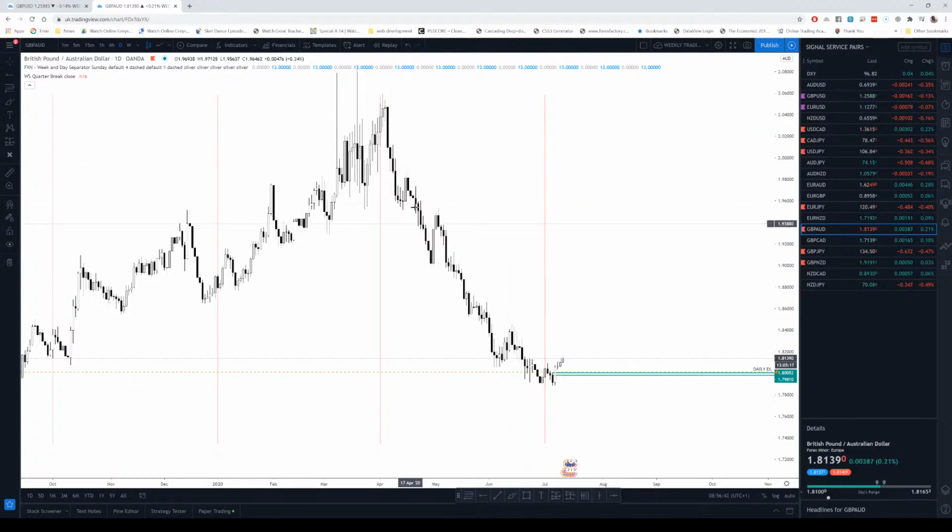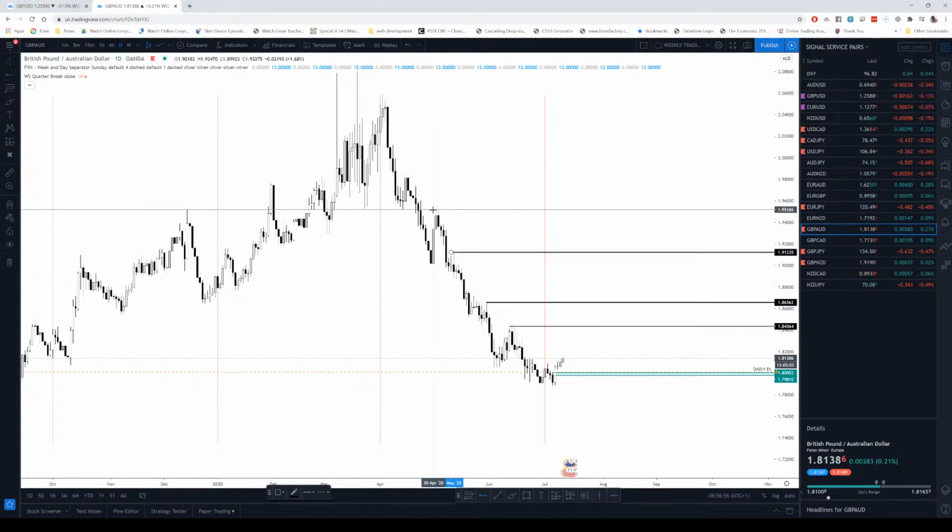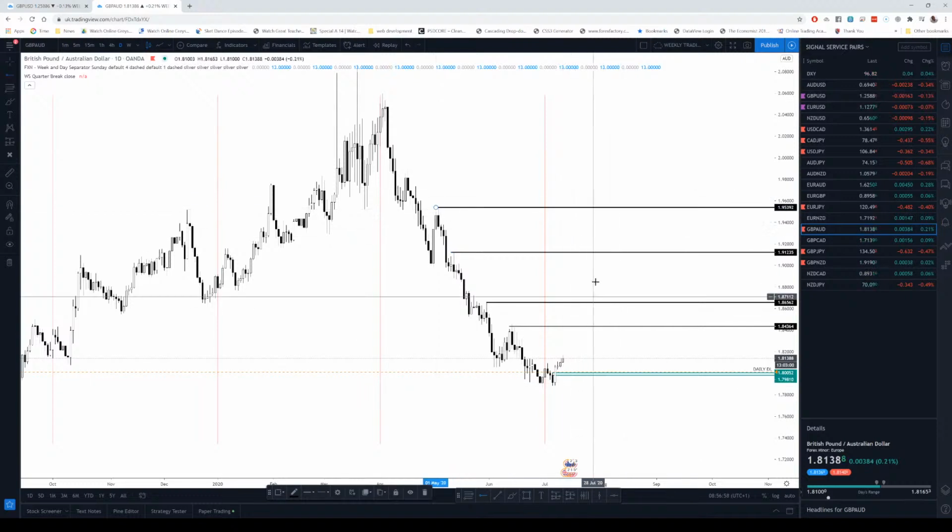We've got a lot of liquidity pools to run for. So we have one here, we have one there, we have one there, and we have one there. So if this is a turnaround, this is going to be nice. All right, so let's see.